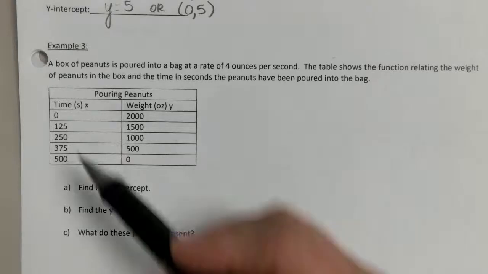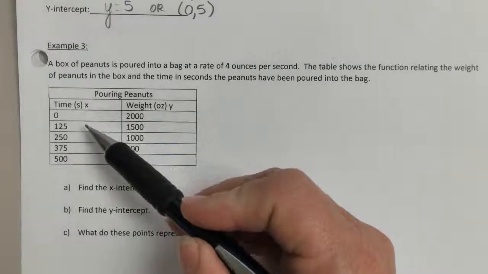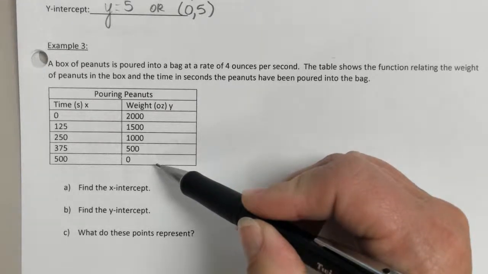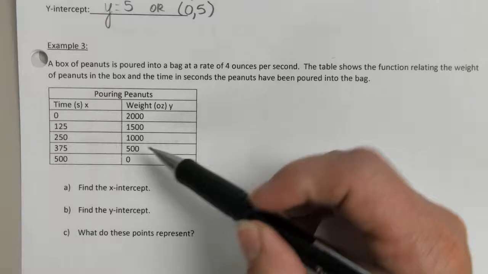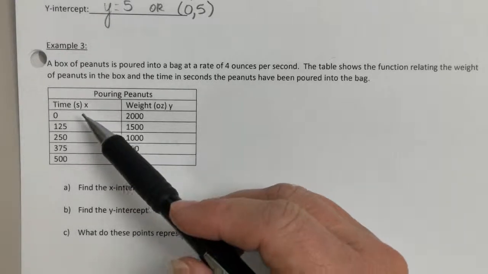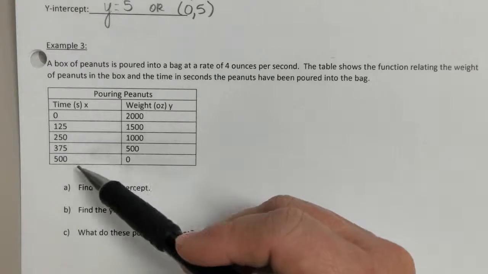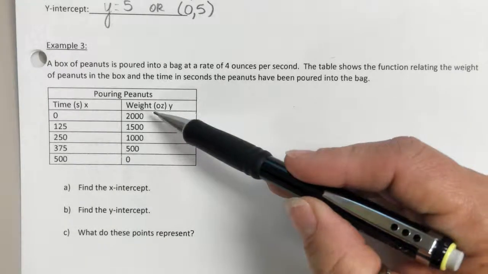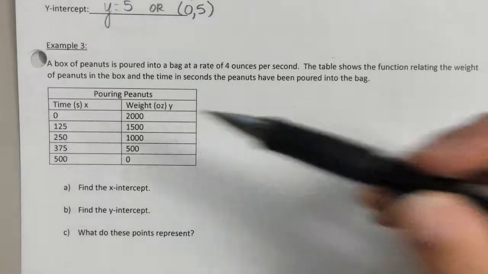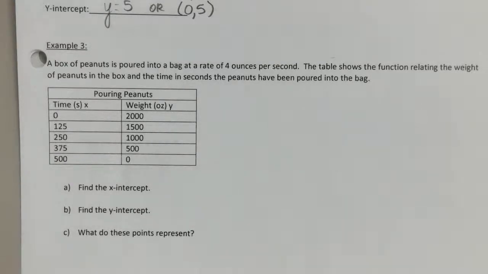So you can see as the time goes by, less peanuts are left in the box because they're being poured out into the bag. Does that make sense? Let me say that again. When the time starts here at 0 seconds, it's going up by 125 seconds. Here's the ounces that are left in the box. The weight of the peanuts is decreasing as they're being poured out over time.